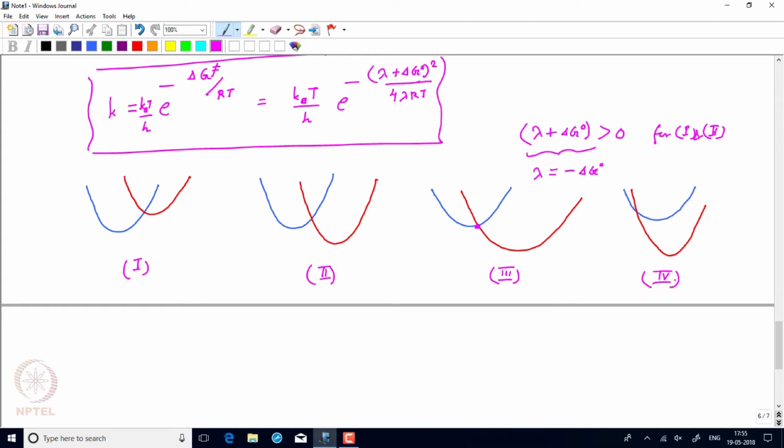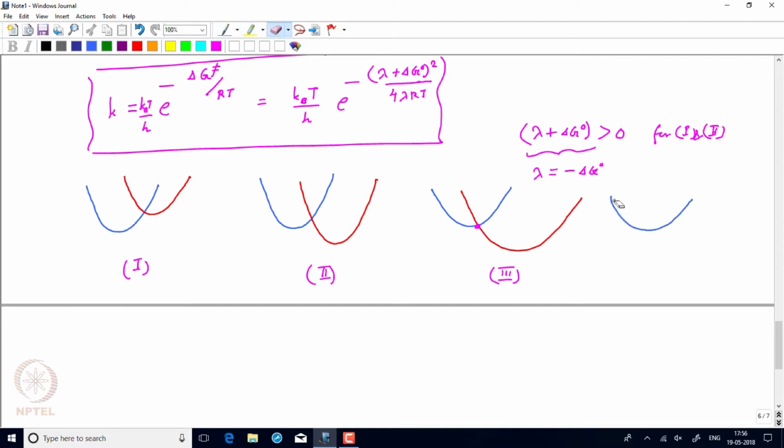Then actually we have the inverted region of this Marcus theory, and then the reaction rate will again fall. So we have the fourth situation here. Now let us consider the fourth and most interesting situation.